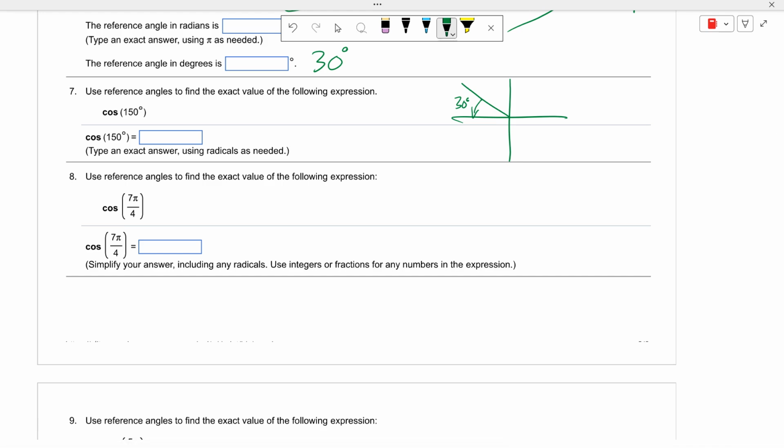It's just in the second quadrant, so it's negative. But you have your unit circle to help you. So you don't have to worry so much about reference angles. You can just look at your unit circle, see what the cosine of 150 degrees is. And the cosine of 150 degrees is in radians.